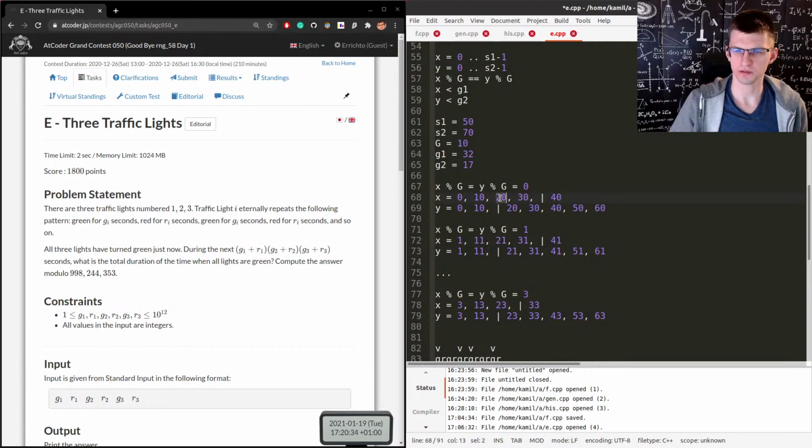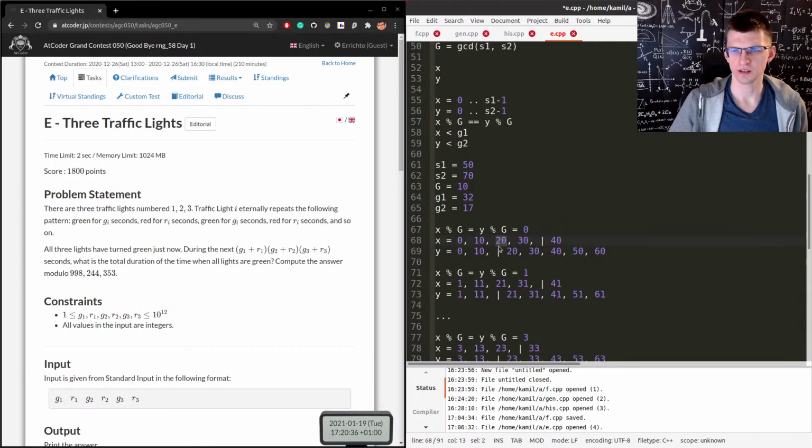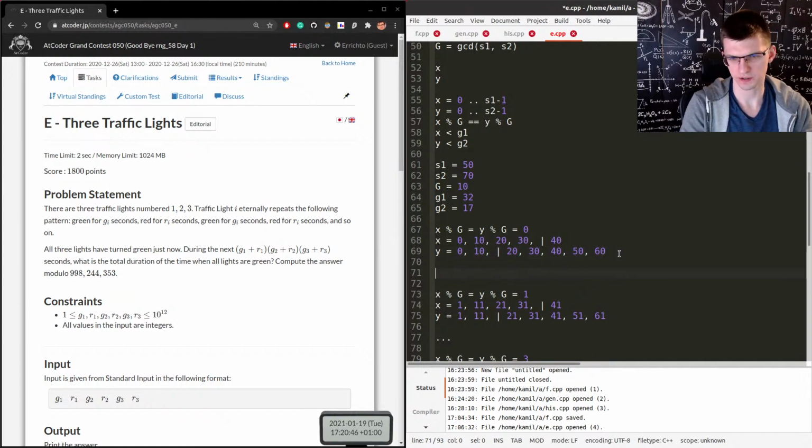I guess I'm looking for some bigger value that is equal to 20 modulo 50, and it is equal to 10 modulo 70. Can I find such a value? So x equal to 20, y equal to 10. This represents a number, let's think, 10 modulo 70.